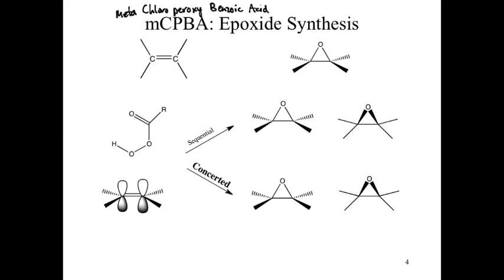You will undoubtedly see it as mCPBA, because as we've seen already, chemists are lazy. What's happening with this reagent is that we are converting an alkene into an epoxide. So typically the way it's written out is mCPBA on top, and we're just looking at that conversion across to the alkene.